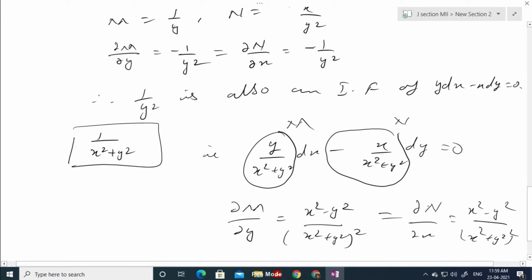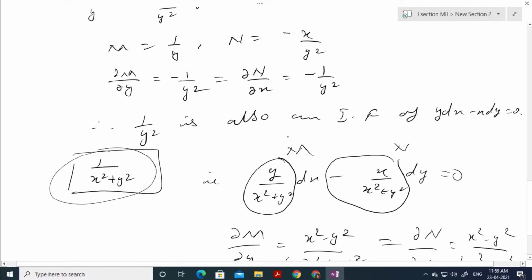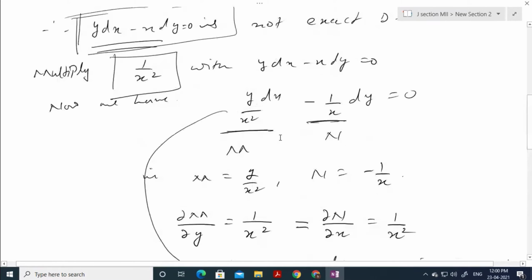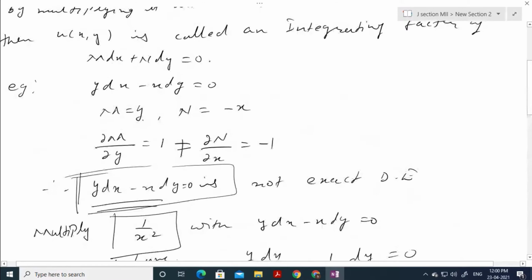So 1 by x square plus y square also makes it exact. So with this example, what you have understood is that 1 by y square and 1 by x square plus y square are all integrating factors of this single differential equation.